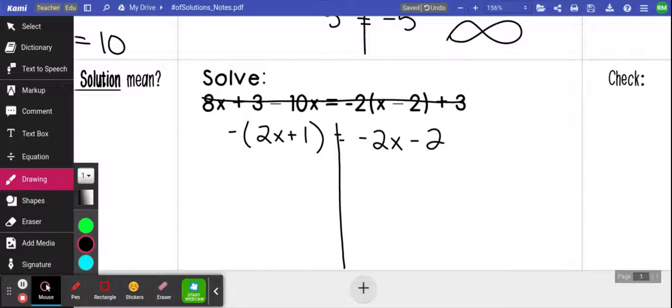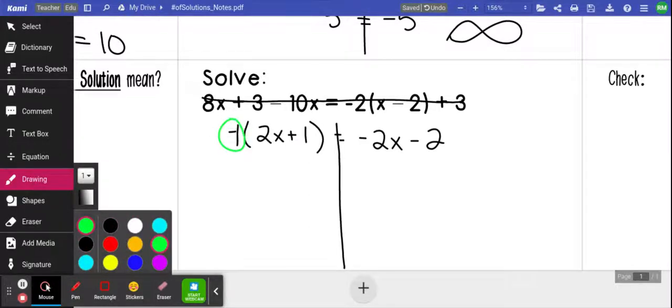What number is in front of the parentheses here? Not just any one. -1. A -1. Good. So go ahead and write that as a -1. So -1 times 2x is -2x. -1 times 1 is -1. Can't combine like terms. We need to move the variable.